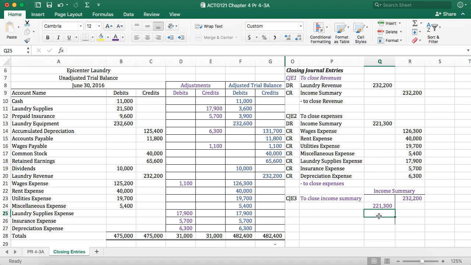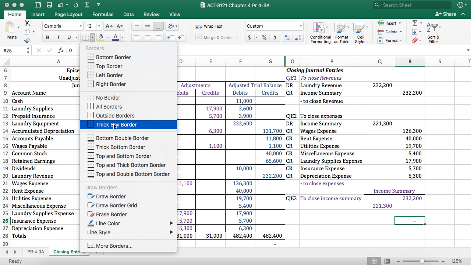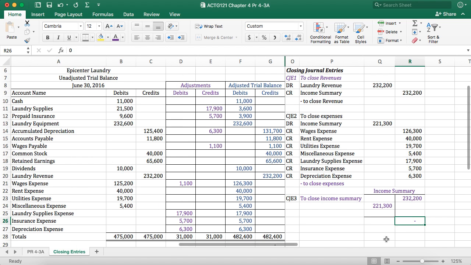Now, to close income summary means that we get the balance to zero. That's what closing means, getting the balance to zero. So I'm going to put a 0 in there. So I have a credit, CJE1. I have a debit, CJE2.